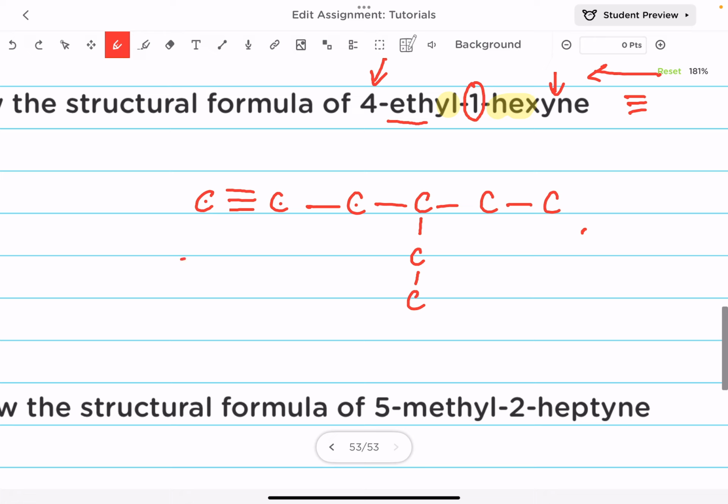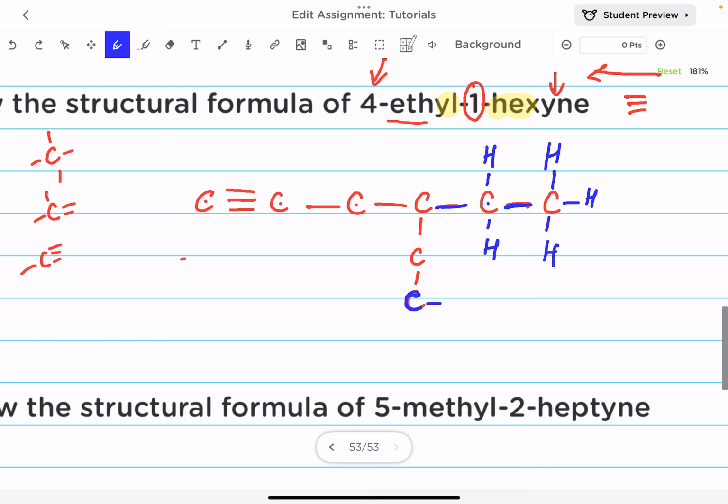Note that every carbon can make up to 4 bonds. They are either 4 single bonds, or double and 2 single, or triple and 1 single. So this carbon over here is having 1, and the rest will be all hydrogens. This carbon over here is having 1, 2 bonds, now 3 and 4.